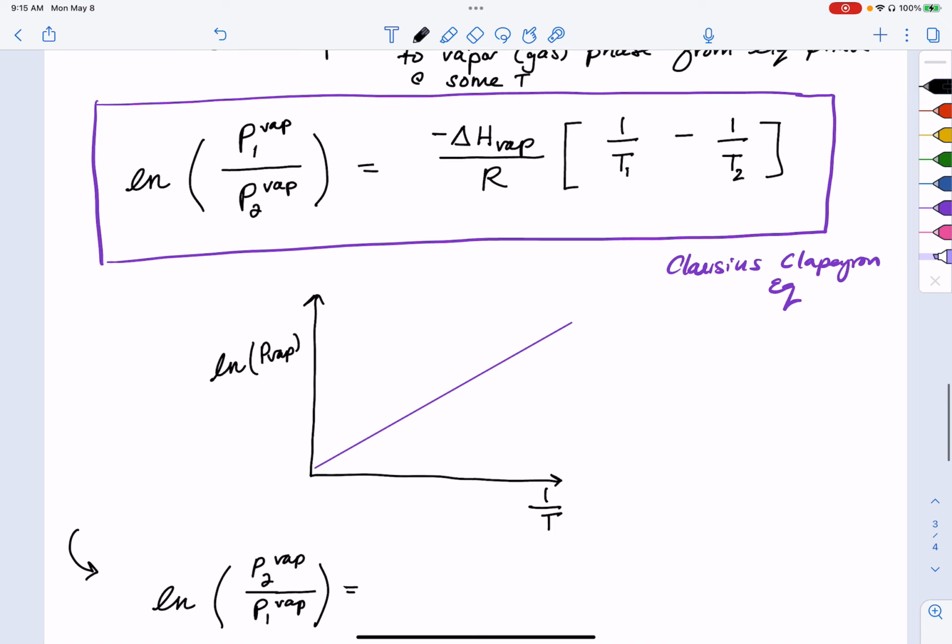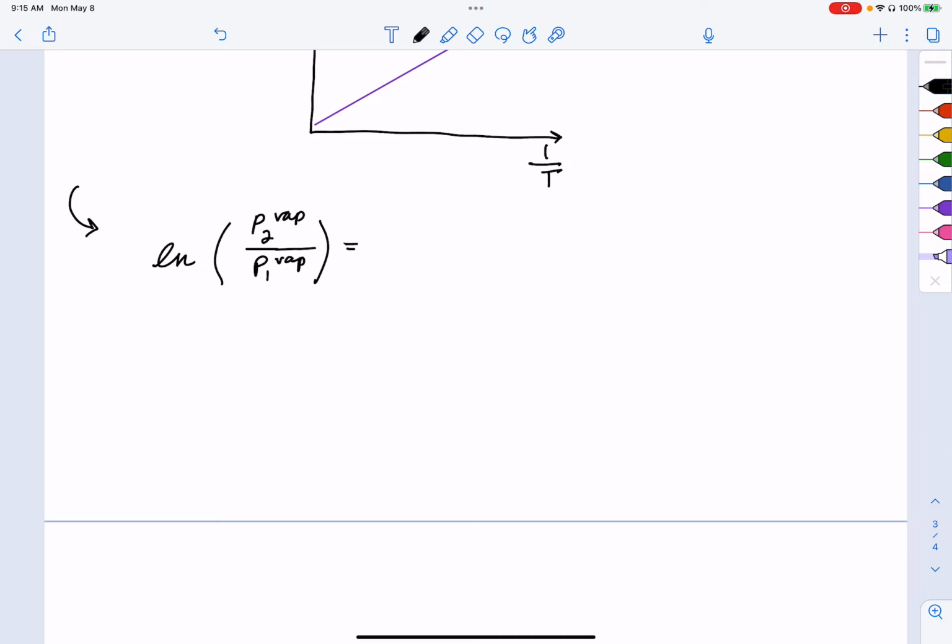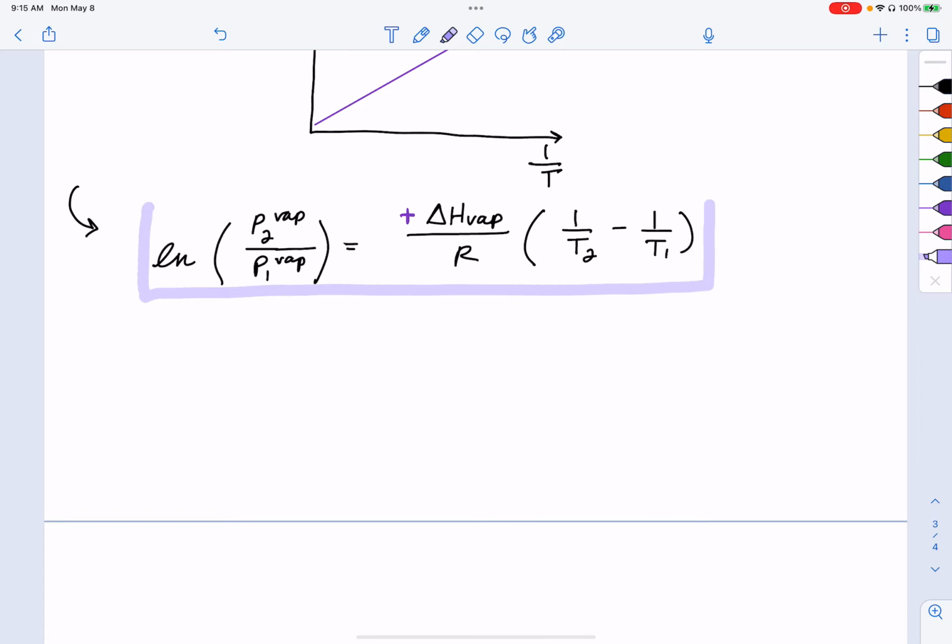Sorry, I'm just checking. 1 over 2, 1 minus 2. Yes, okay. The natural log of P2 over P1 is equal to now positive heat of vaporization over R times 1 over T2 minus 1 over T1. Again, I like this expression a little bit more just because I don't have to worry about dropping this negative sign. This is how I will now, from this point forward, use the Clausius-Clapeyron equation.